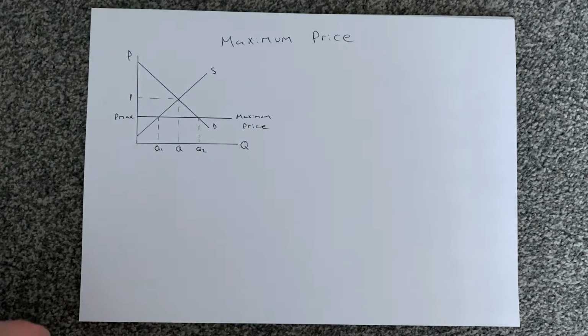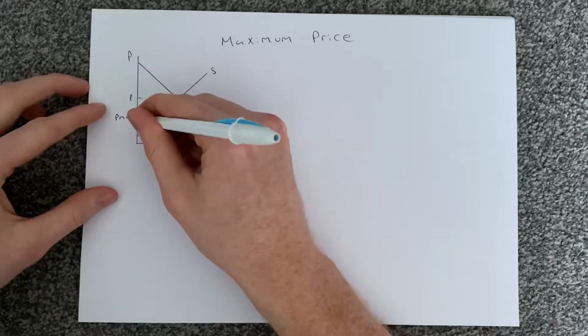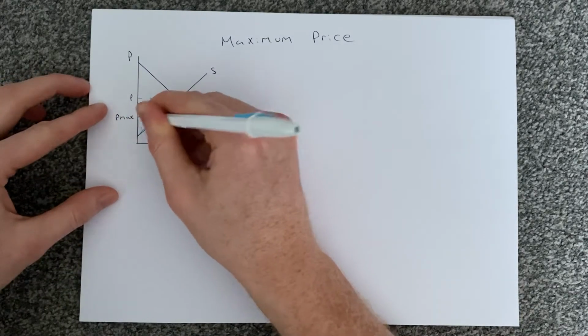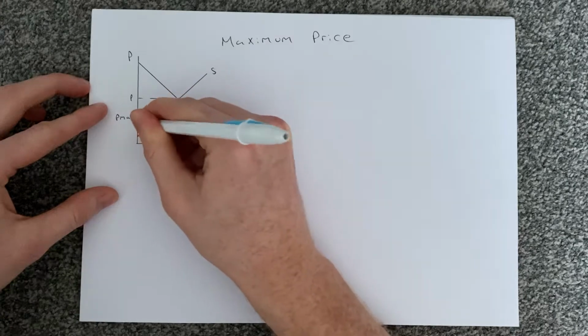So let's have a look at now where they would lie. The producer surplus would be this blue triangle that I have drawn in here and then just hatched off.